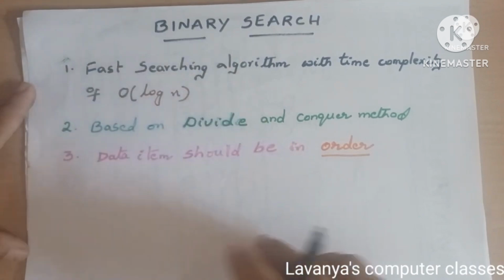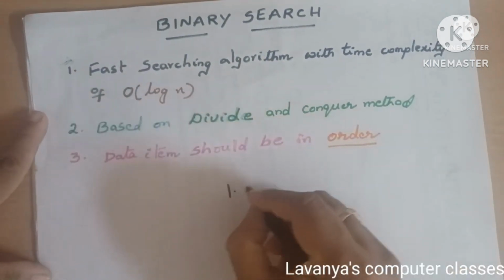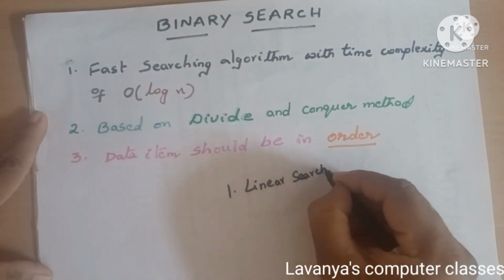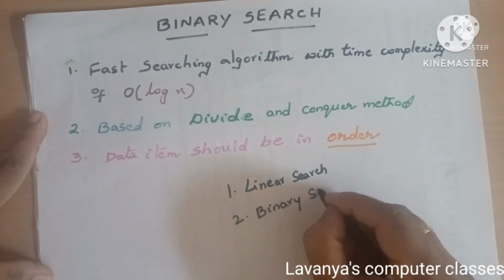We have two types of searching algorithms: one is linear search and the second one is binary search. Linear search is also known as sequential search.